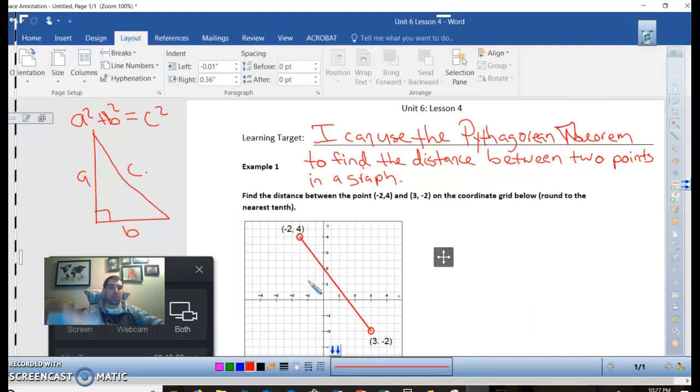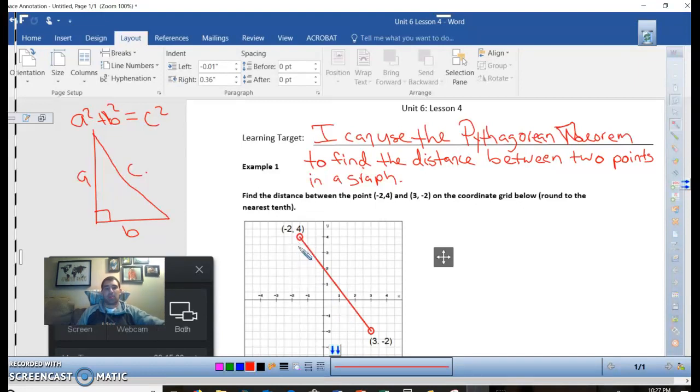A lot of times you look at this and wonder, how in the world will we find the distance? It's a diagonal, and a lot of times you try to count, but you can't because they're not full boxes. When it's on a diagonal, you don't really know the true distance.